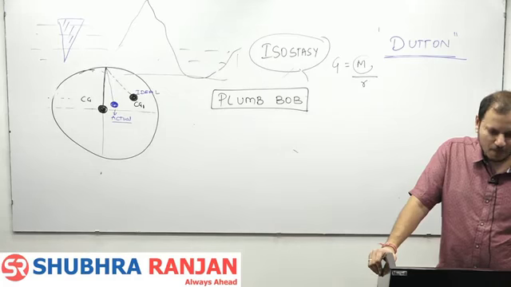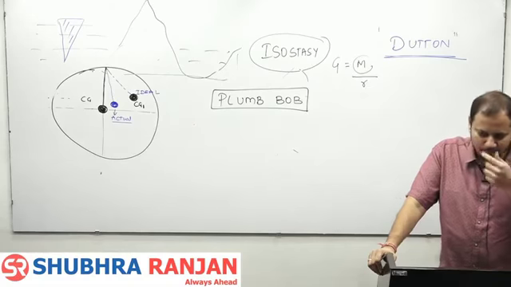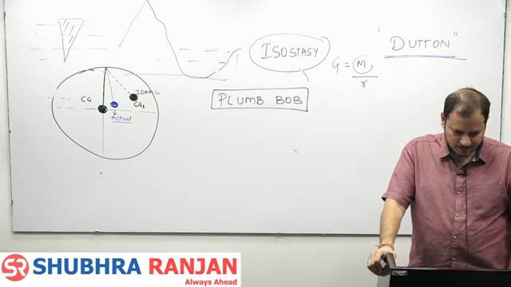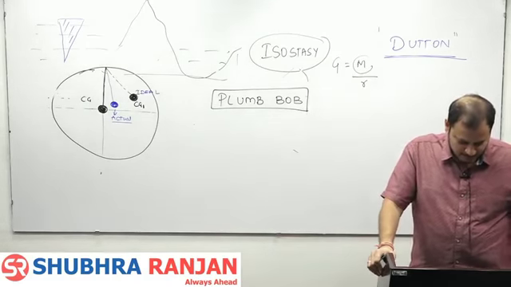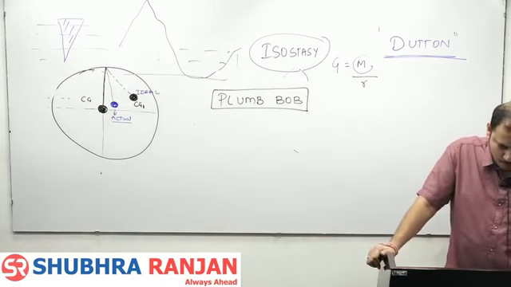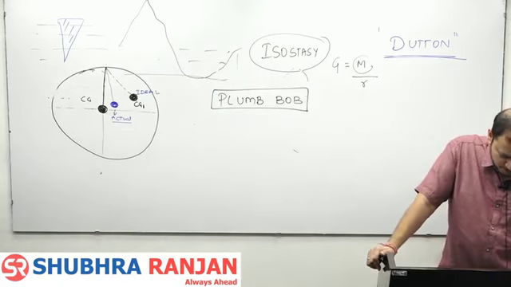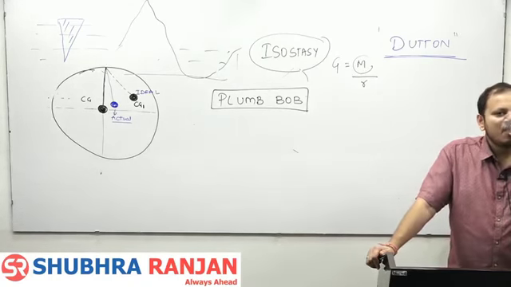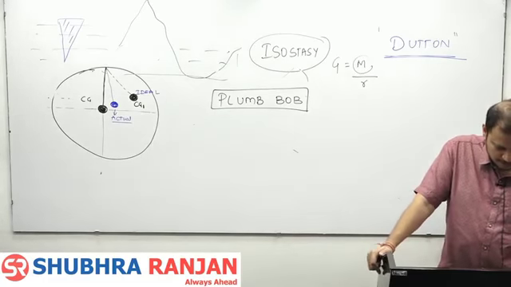The instrument whose name I was mentioning, that is the plumb bob. They influence the plumb bob that measures the center of gravity and is used in leveling and surveying of the land.